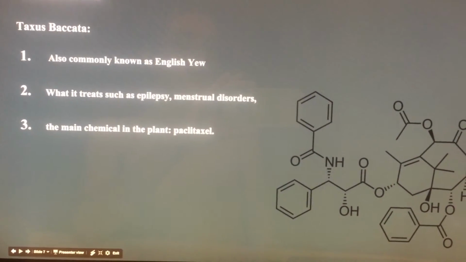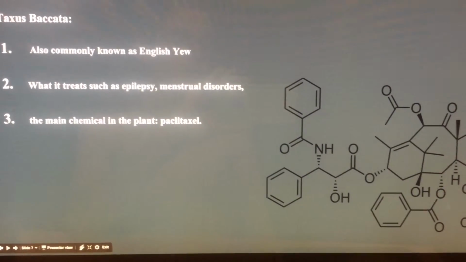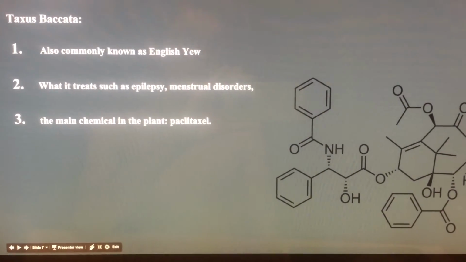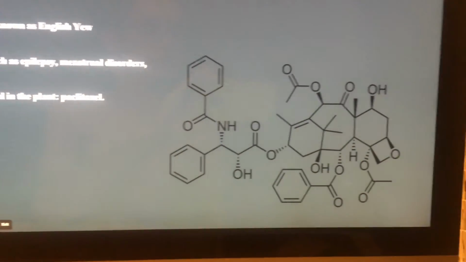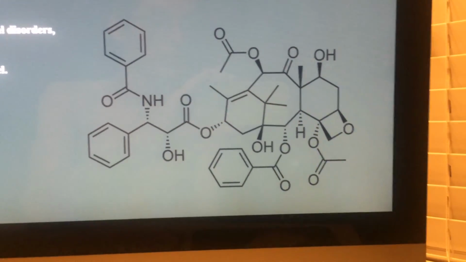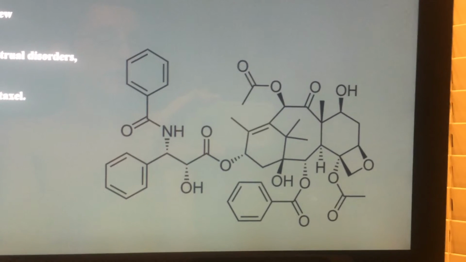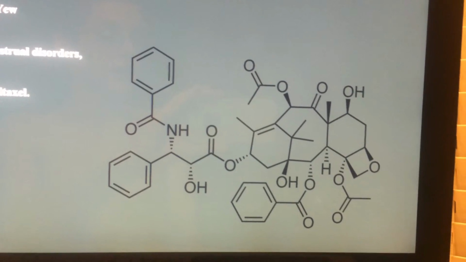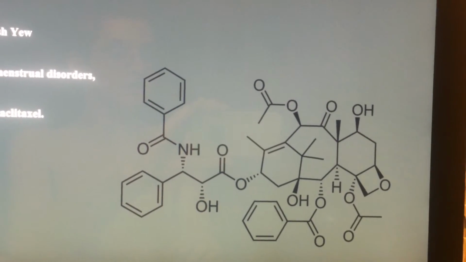The main chemical in the plant is paclitaxel, and it allows for the treatment of these disorders. So here's just a quick glance at what that compound looks like. As you can see, it has hydrogen bonding throughout the entire compound, which allows it to stay together and help treat that person that is in need.